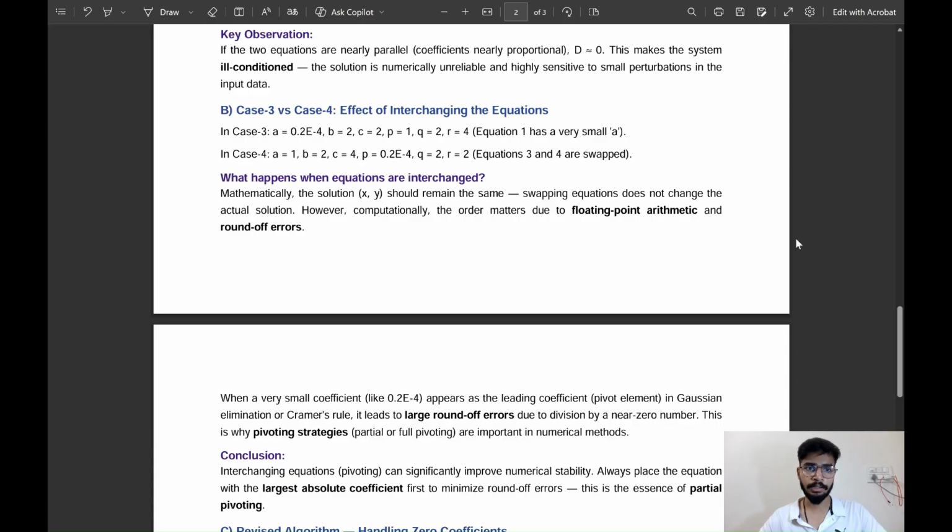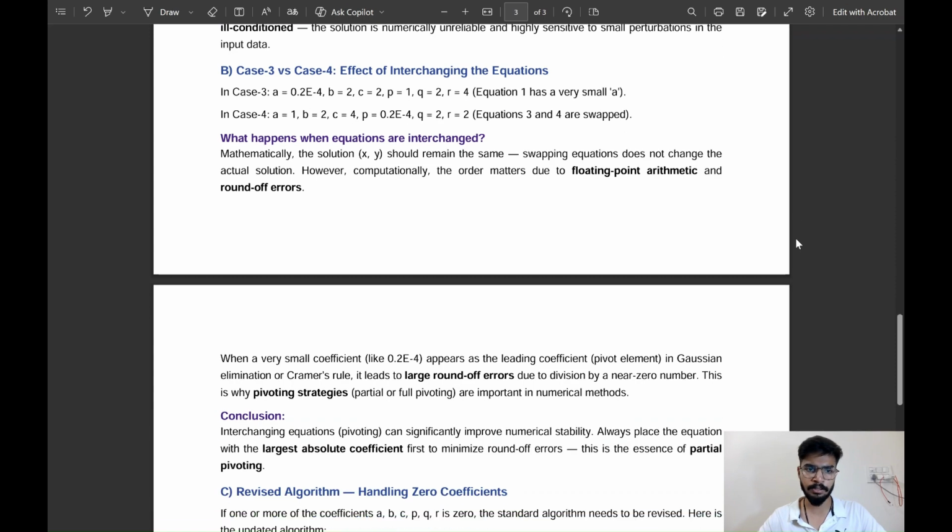When equations are interchanged, the solution of x, y remains the same, because swapping equations does not change the actual solution. But this will mainly affect the order, because floating point arithmetic effects, provided here by rounding off error, will happen.